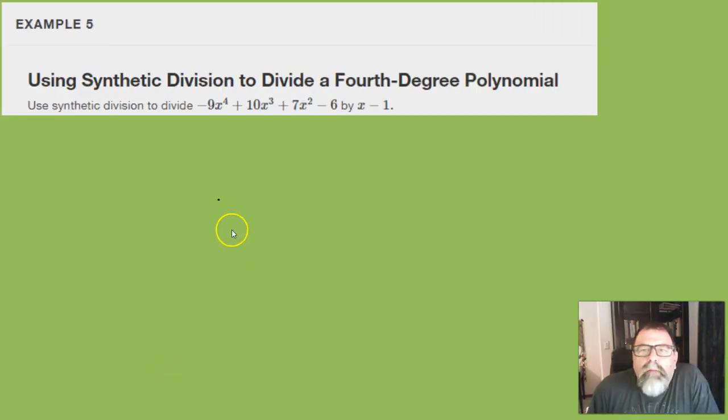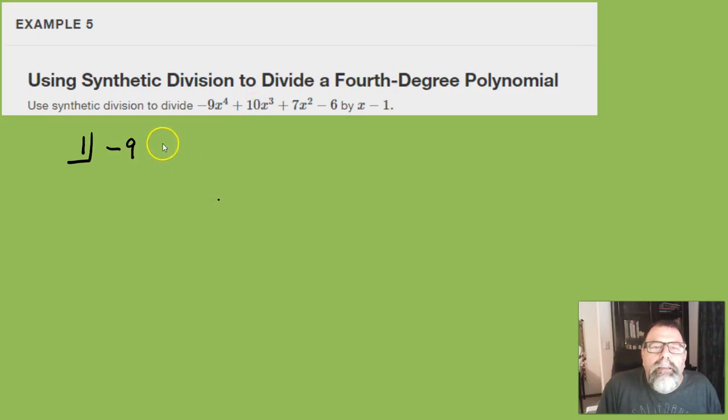Okay, example 5, we're going to try a fourth degree polynomial. Our divisor is x minus 1, so k would be, remember you got to switch that sign, it'll be +1. And then remember descending order, we got x to the 4th, which is -9, x cubed is 10, x squared is 7.